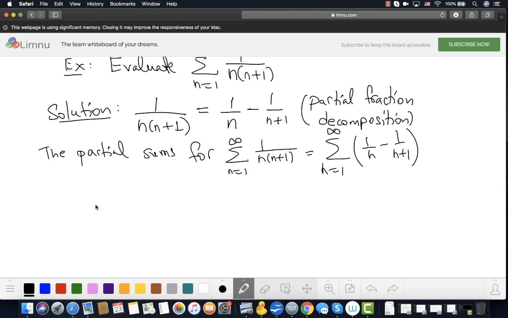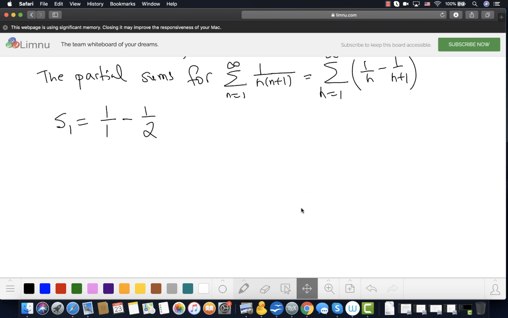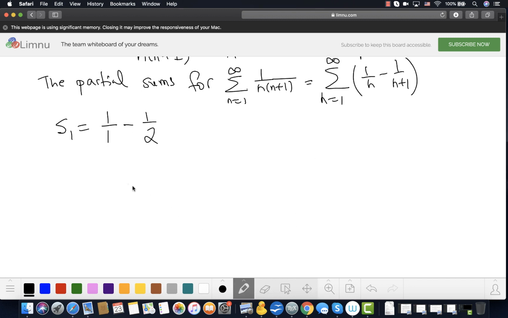So let's look at S1. S1 is just the first term of this series, the case when n is 1. So you get 1 over 1 minus 1 over 2. Okay, let's leave it at that. The second partial sum, S2, is summing up the first two terms, when n is 1 and when n is 2.